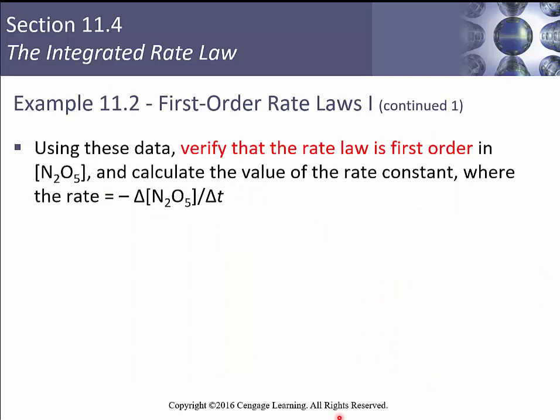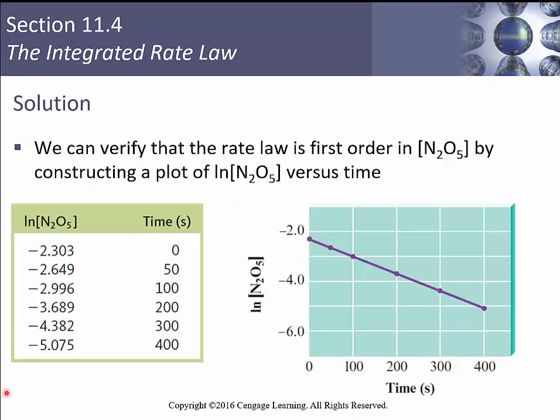So using these data, we want to verify that the rate law is first order with respect to the N2O5, the dinitrogen pentoxide, and calculate the value for the rate constant, where the rate is going to be minus delta N2O5 over dt. Right? So we're going to take our data, we'll take the natural log of our concentration, we'll keep time the same.